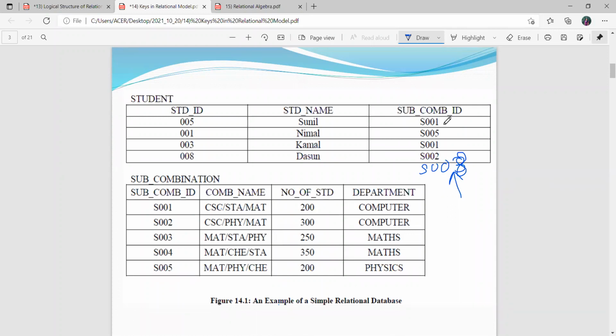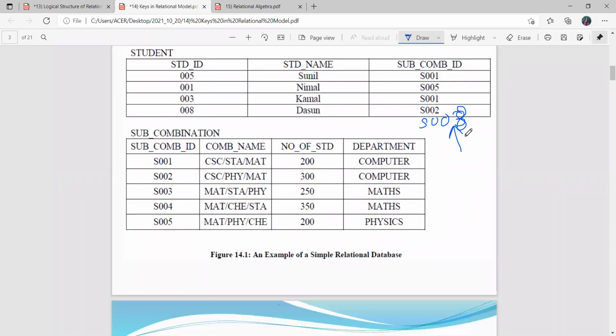No, it's not possible because it is not in the subject combination table. We can only insert the values which are available in that table. So S008 is not available in this table, and it is not possible to insert this value.